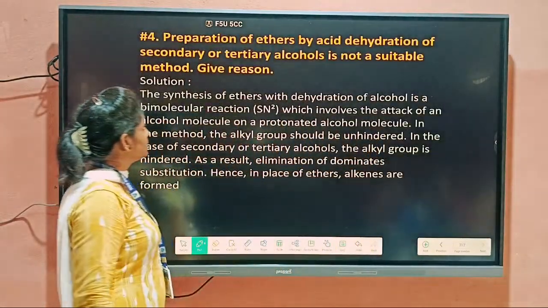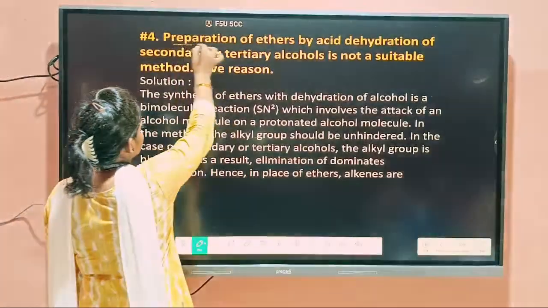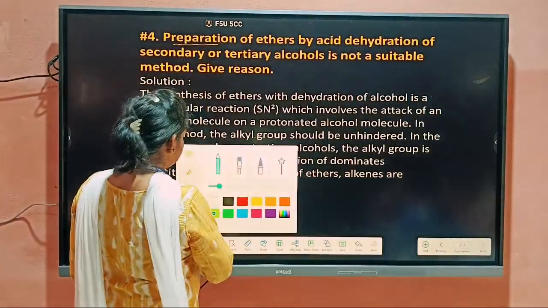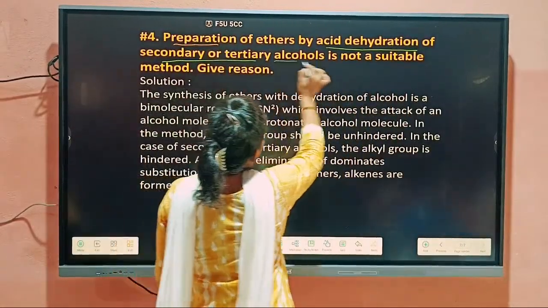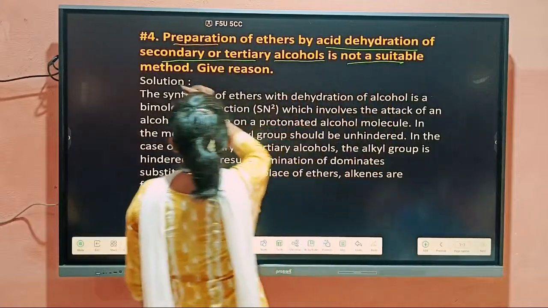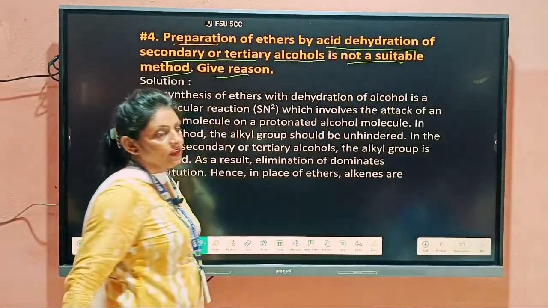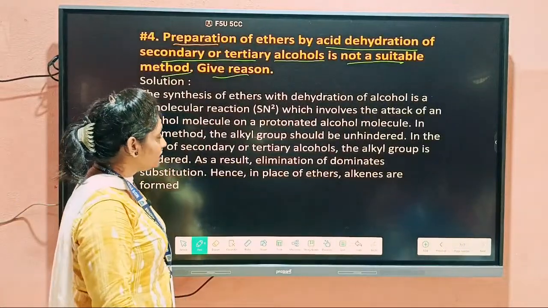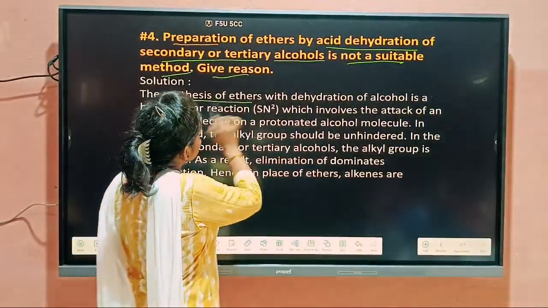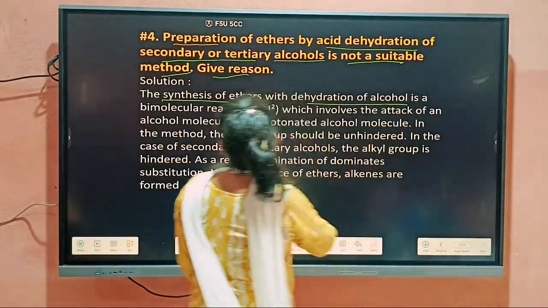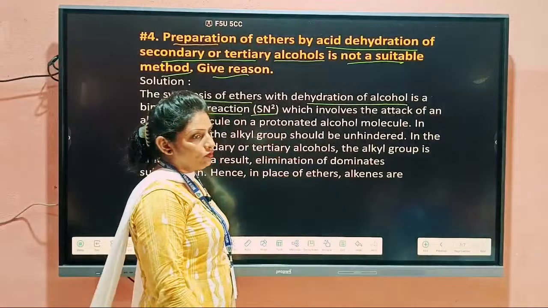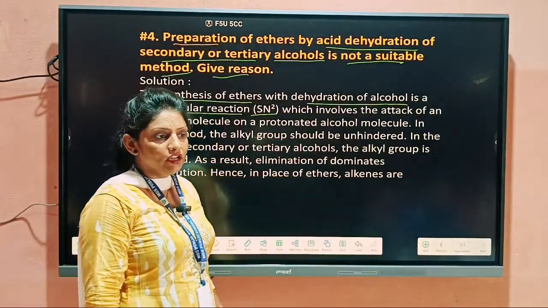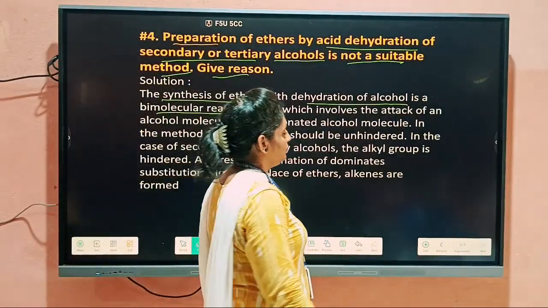Now our next question is, preparation of ether by acid dehydration of secondary and tertiary alcohol is not a stable method. Give reason. Students, the synthesis of ether by dehydration of alcohol is a bimolecular reaction, which means it follows the SN2 mechanism. First of all, you should know what the dehydration process is.